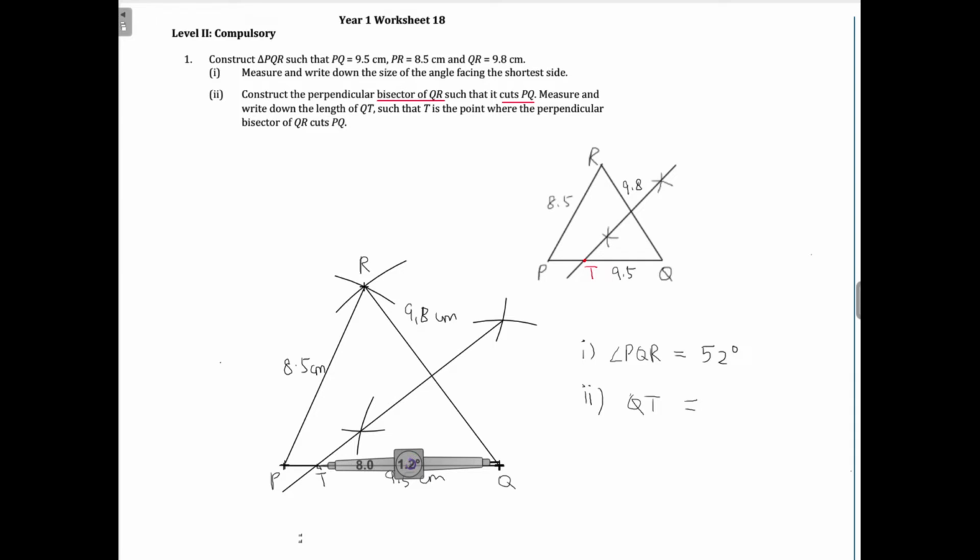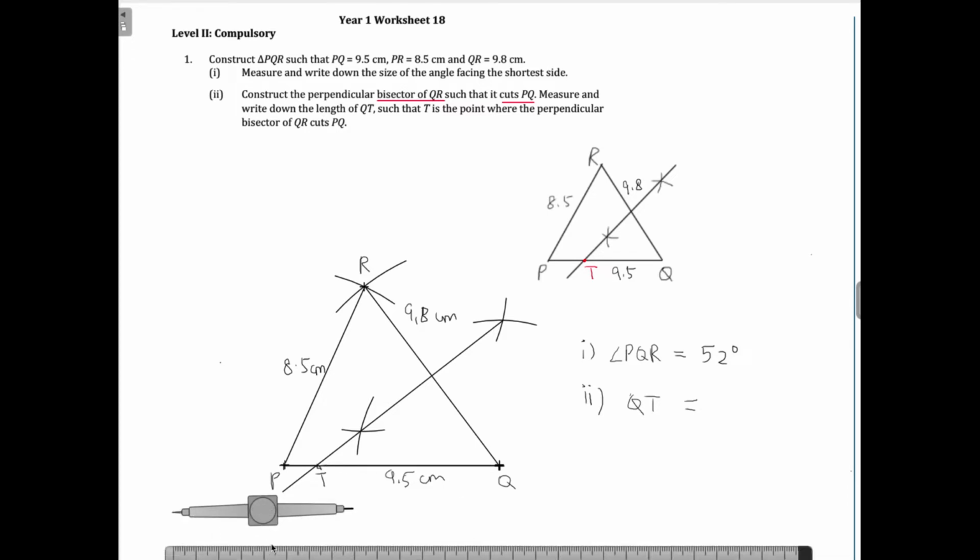So we transfer it to the ruler and take the measurement from the ruler, 8 cm.